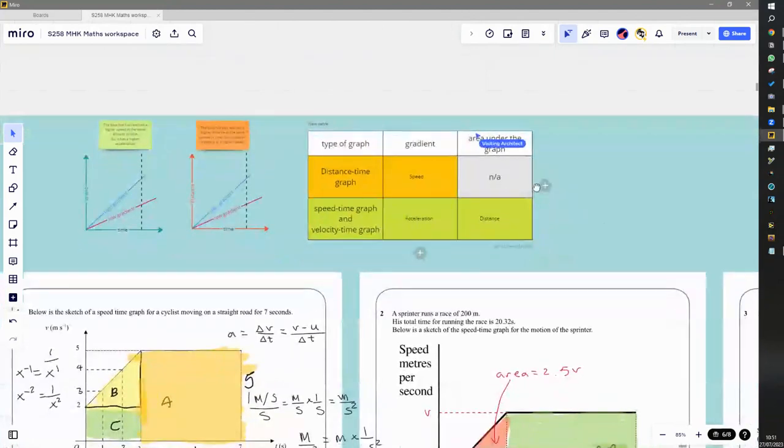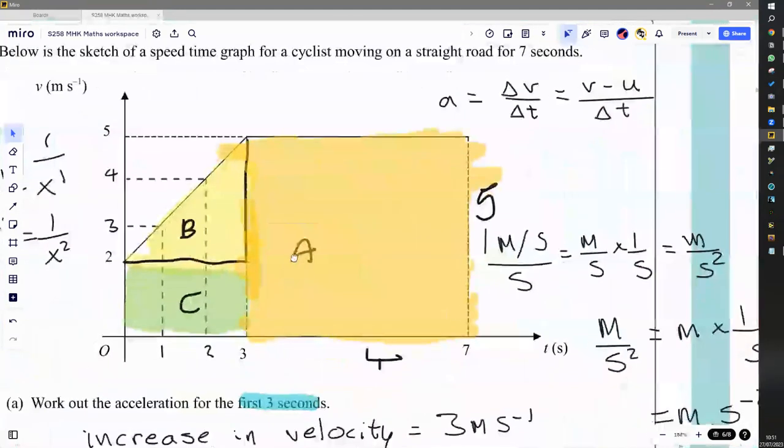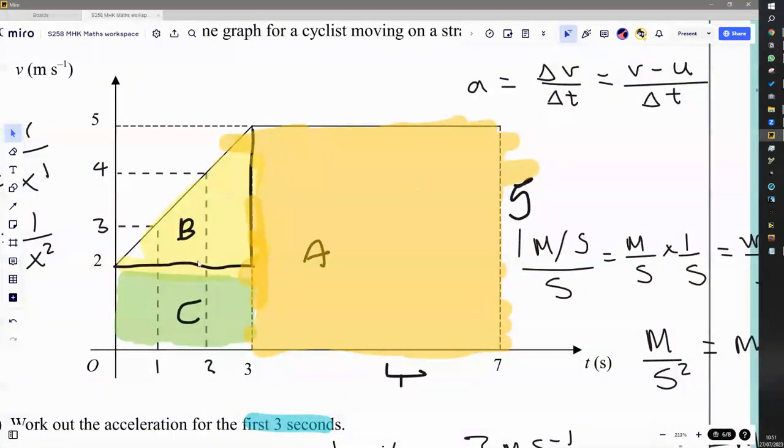So let's try to understand why the area underneath a speed time graph will give you the distance. If we look at this one here, this is where we calculated the area.